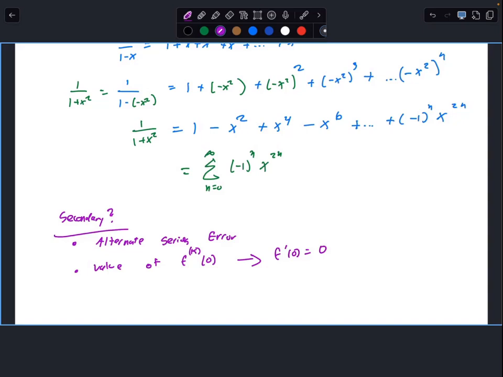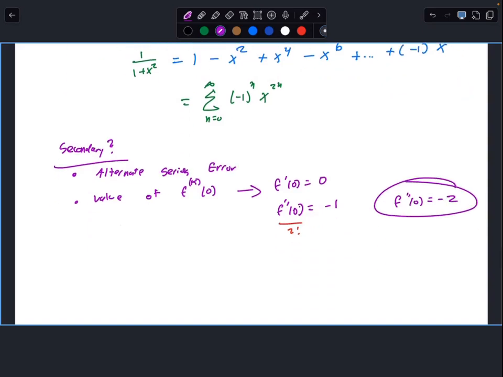We can also see that f double prime of 0 is going to be equal to, well, we know that f double prime of 0 over 2 factorial is equal to negative 1. So f double prime of 0 equals negative 2.